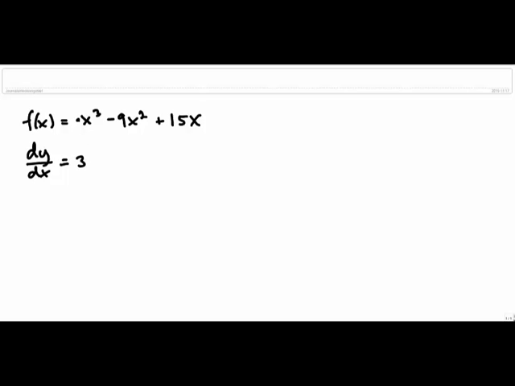It says just 1 times x cubed, so 3 times 1, 3, then times x, and you decrease the exponent by 1, so we have x to the power of 2. Then we take this 2, move it in front, minus 9, that is already there, times the 2 is minus 18. And then we take x and decrease the exponent by 1, so we get x to the power 1.